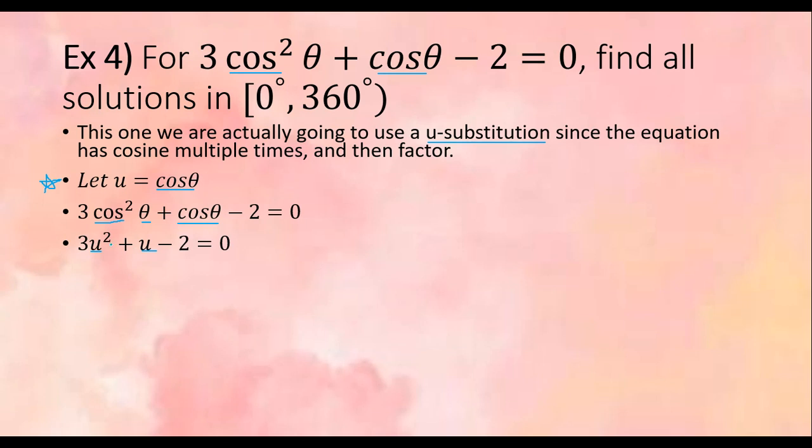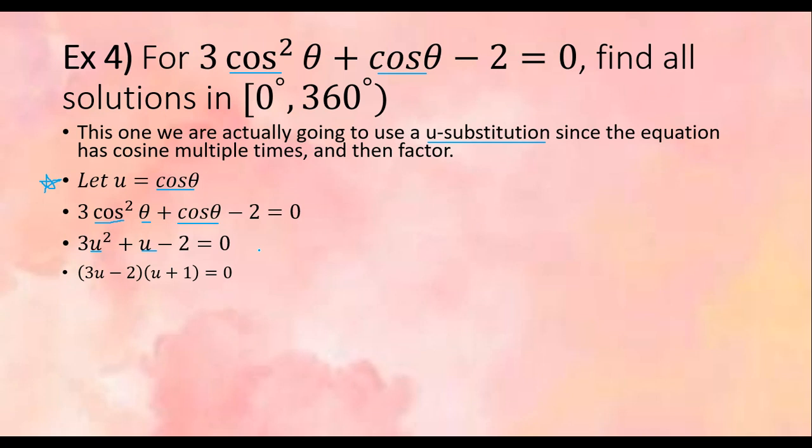Remember, when I have a quadratic equal to 0, that means I want to find the roots. And the ways I can find the roots is through factoring, through the quadratic formula, and if they are a special instance, I could complete the square if I really wanted to. But usually factoring and using the quadratic formula are fail-proof. So this is actually factorable, so it's going to be 3u minus 2 times u plus 1 is equal to 0.